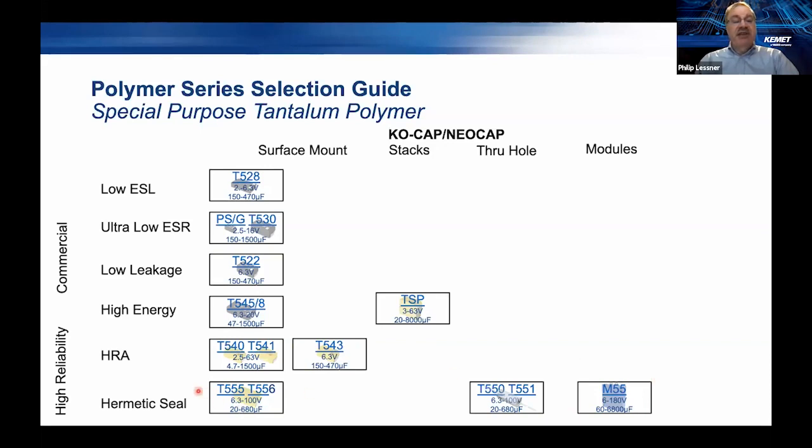And these hermetic seal, because of their particular construction, are our highest voltage tantalum polymer capacitors, available in individual voltages to 100 volts, and then series parallel configurations in our modules up to 180 volts of rated voltage. So if you're looking for something for military and aerospace applications, this is where you should go to look for an appropriate series.